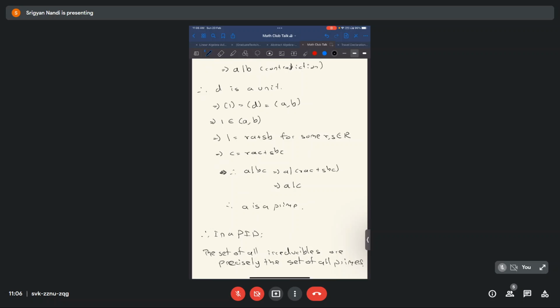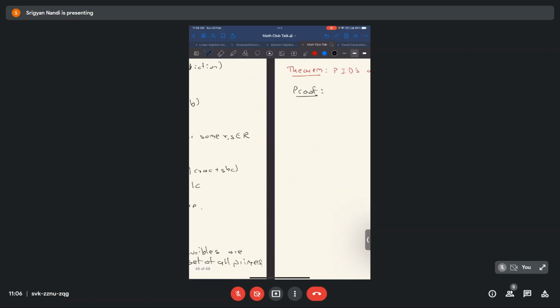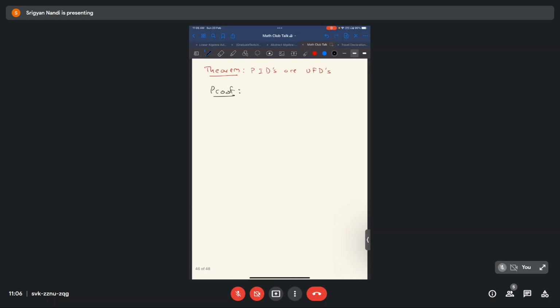We have that. Now, finally, we have the following theorem that principal ideal domains are in fact unique factorization domains. To visually give where we are going, Euclidean domains lie completely inside the space of principal ideal domains, and we show that every principal ideal domain is also a unique factorization domain.